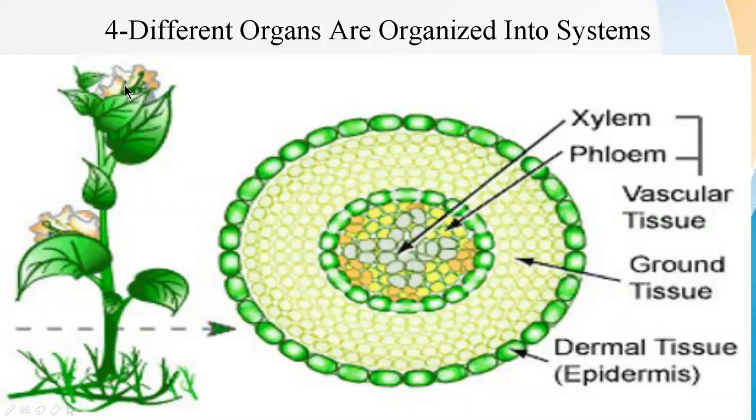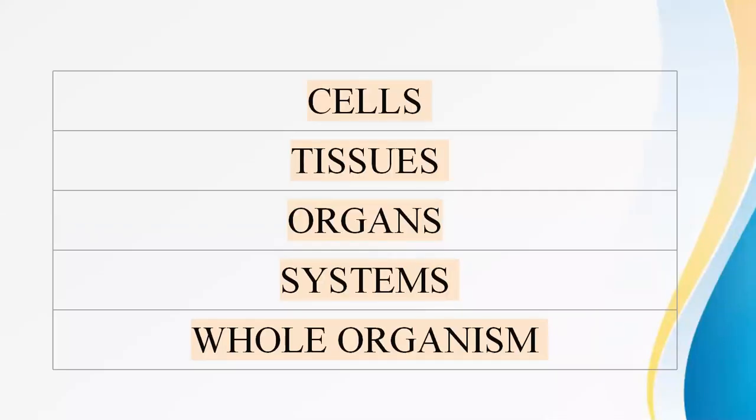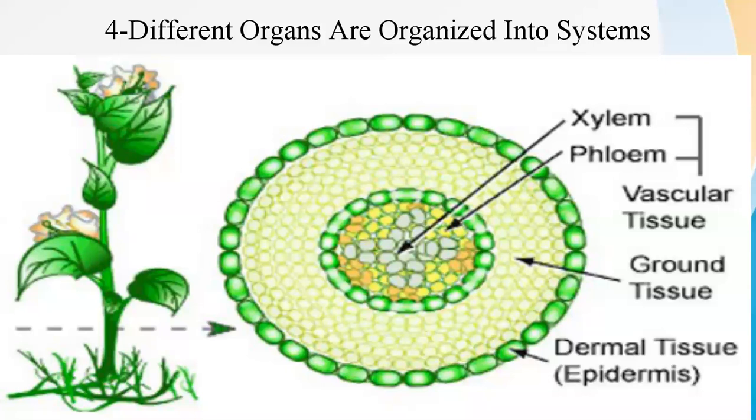Phloem takes the food prepared by the process of photosynthesis and distributes it to various parts of the body.